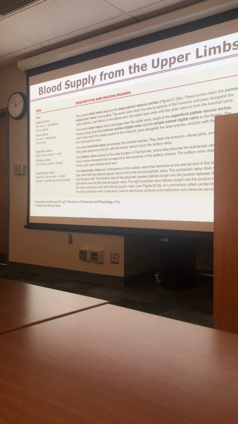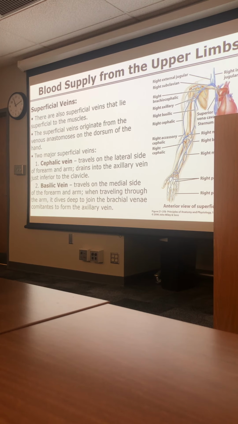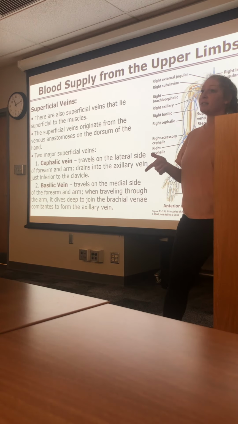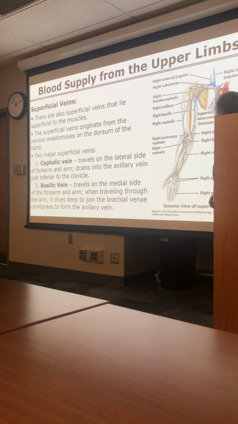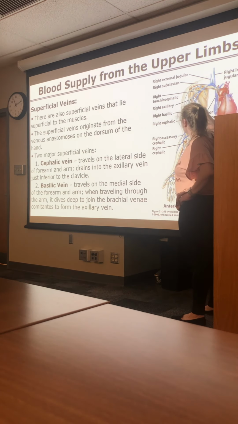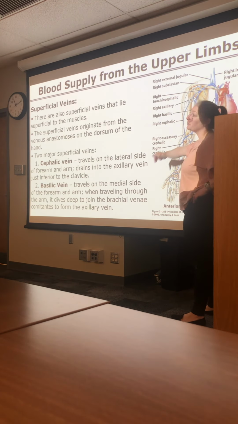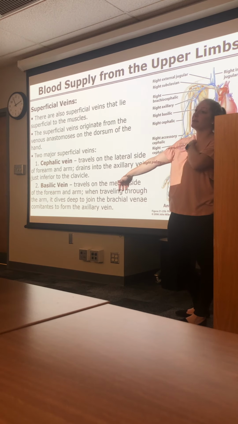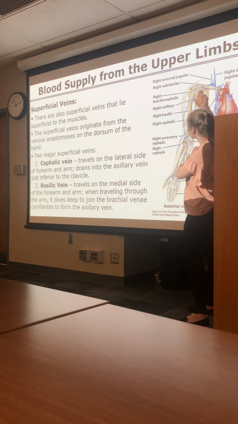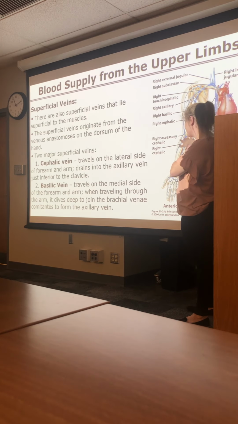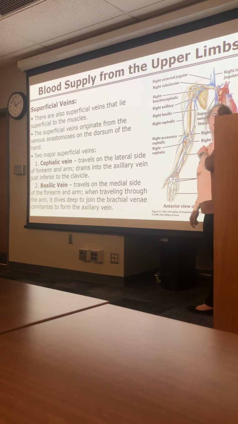Our superficial veins are the more important of all of our veins because they're distinct and you can see them. So we have our cephalic vein and our basilic vein in our upper limb. Our cephalic vein is going to run in this deltopectoral groove between our deltoid and our pec muscles, so that's where you'll see it in the body. And it'll run on the lateral aspect of the arm and the forearm.